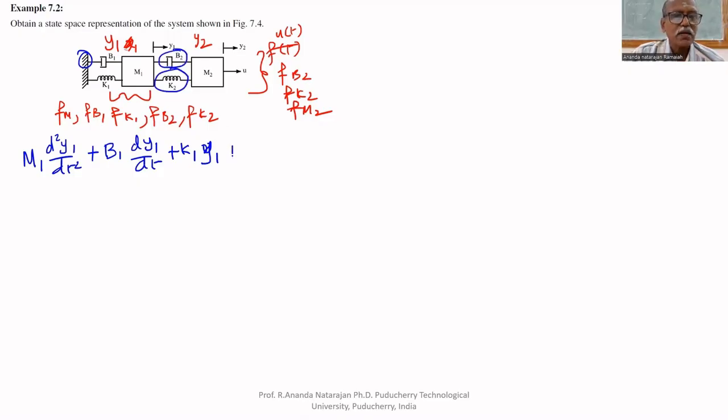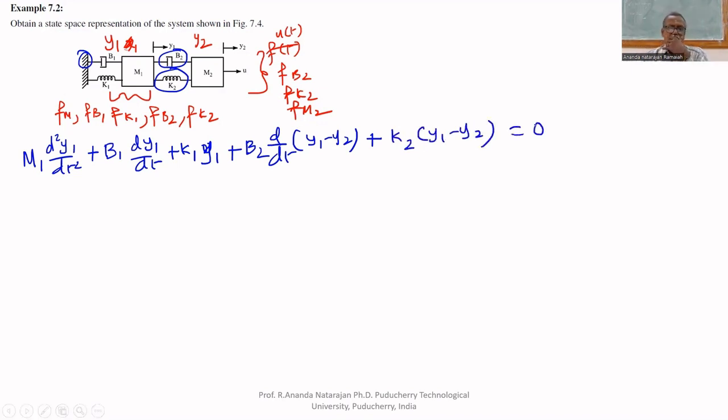That's why plus b2 d by dt of y1 minus y2 plus k2 times y1 minus y2 equal to 0. No applied force, that's why equal to 0.